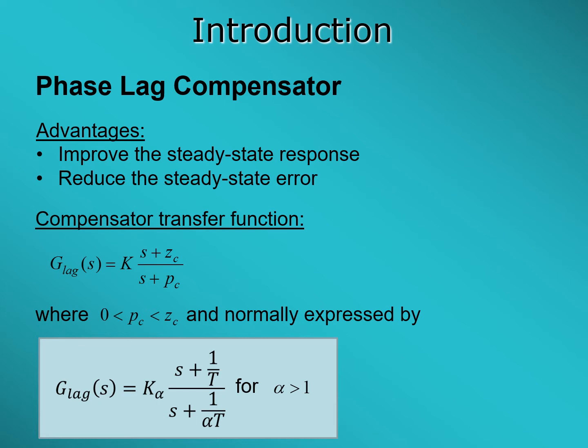Normally the phase lag compensator can be expressed as G lag of s equals K alpha multiplied by (s plus 1 over T) over (s plus 1 over alpha T), for alpha greater than 1.